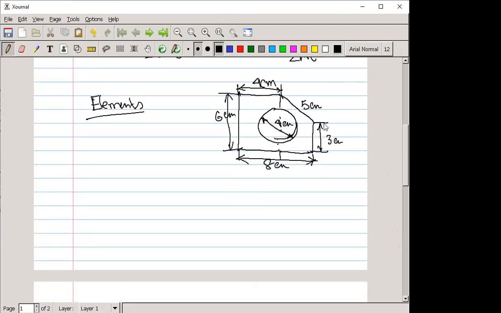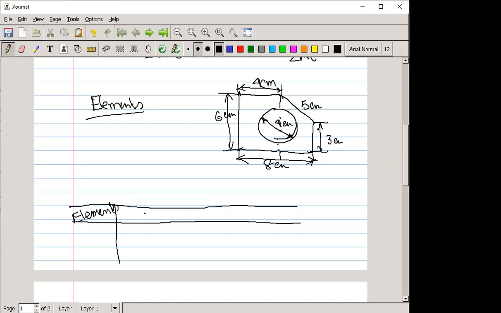If this is your question, then first make a table. The first column is elements, the second is the area of each element, the third is the distance from the x-axis, the distance from the y-axis, and the summation of Ai xi and the summation of Ai yi. So first make each element.